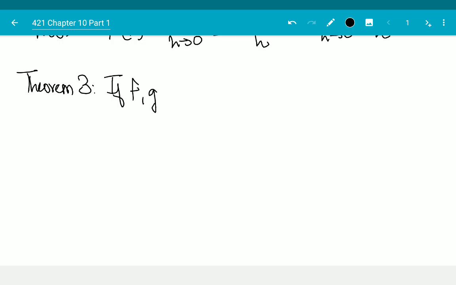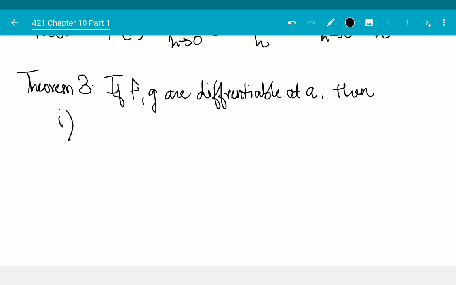If f and g are differentiable at a, then everything nice holds true, which is f plus g prime at a is equal to f prime a plus g prime a.